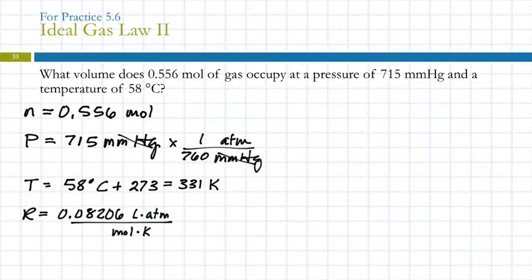So 715 over 760. That would have 3 significant figures, but I definitely want to carry 2 extras because this is not a final result. So 0.94078 atmospheres. That's my pressure.